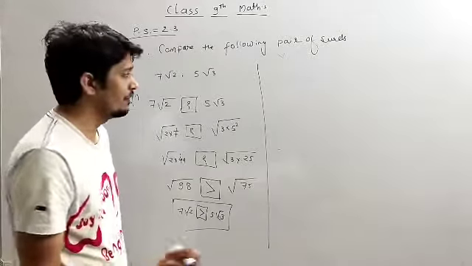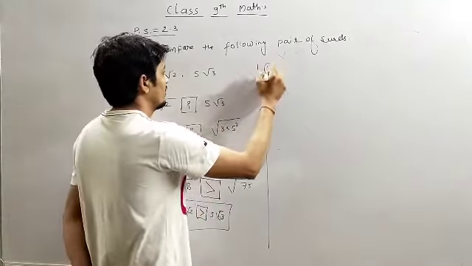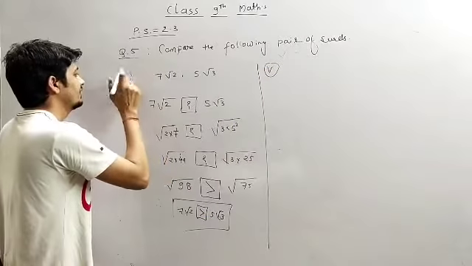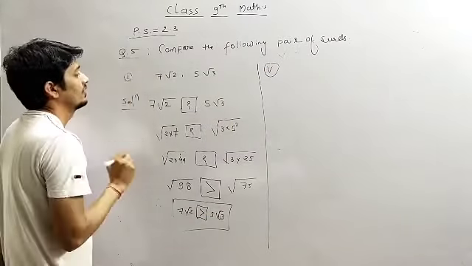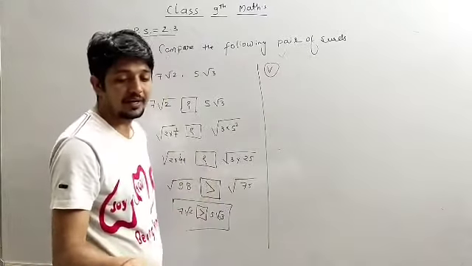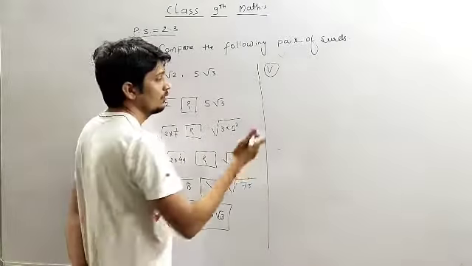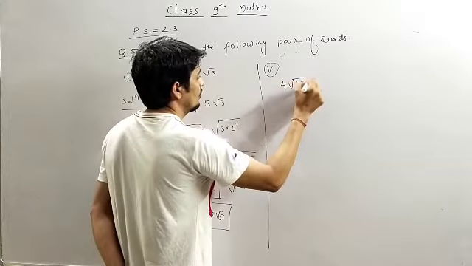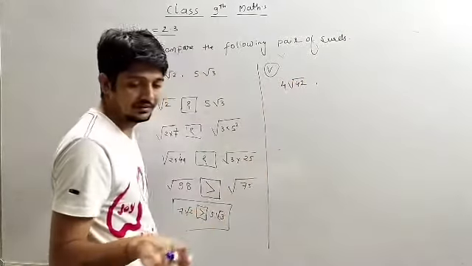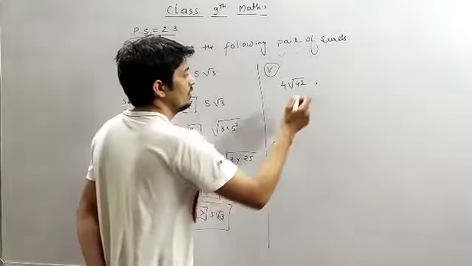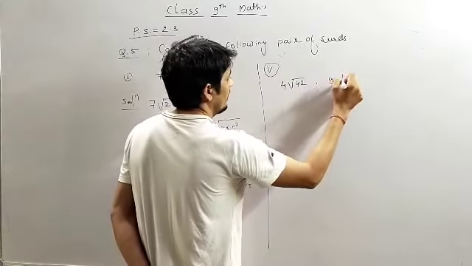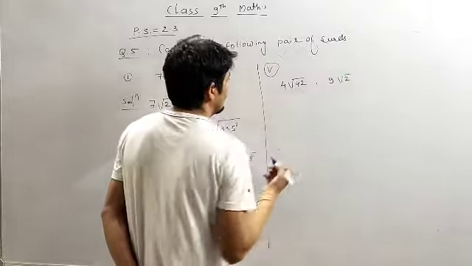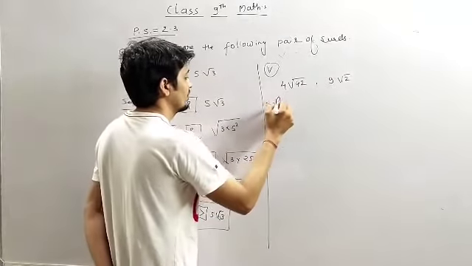Now we are going to solve the fifth question. Fifth, it is the first one. We have 4 root 42 and 9 root 2. Okay, solution.